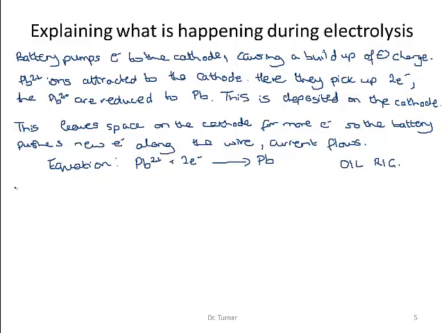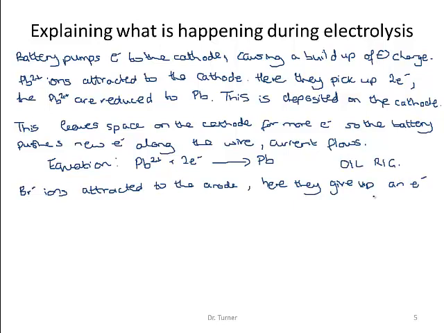So now we can deal with what's happening at the anode. The Br- ions are attracted to the anode. Here they give up their extra electron, and they pair up to give bromine, and because it's warm, that's going up as a gas.